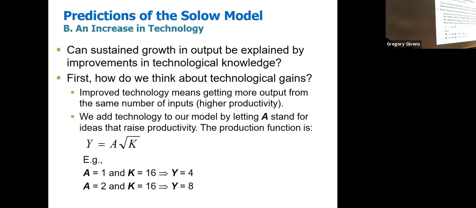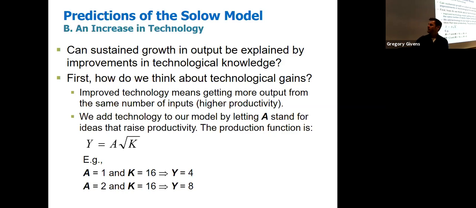Well, let's think about this for a second. If A is equal to 1, and let's say we have 16 units of capital, then how much output do we produce? 1 times the square root of 16 is 4, right? Well, what if I told you that the state of technology doubled? We're all of a sudden twice as smart as we used to be.